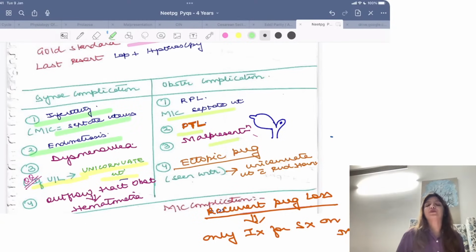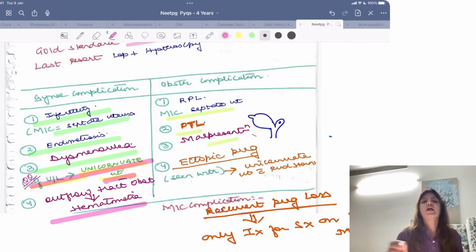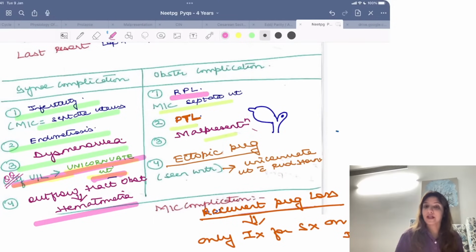Then a patient with Mullerian malformation can present to you as a case of endometriosis. She can present to you as a case of dysmenorrhea. If it is unilateral dysmenorrhea, then that means it is unicornuate uterus. Or because of outflow tract obstruction, patient may come to you with hematometra. The obstetrical complications which you can get are recurrent pregnancy loss.